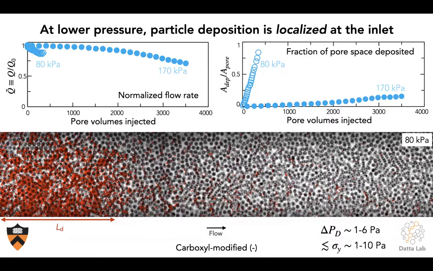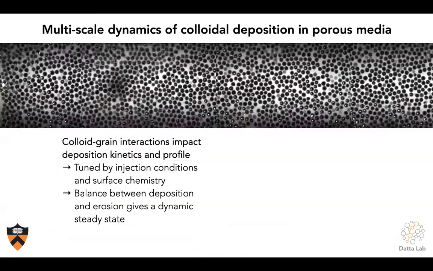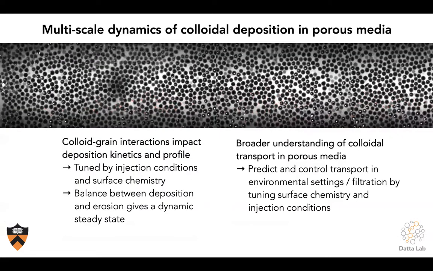So we've done a lot more work using this platform, looking at how these particles interact with immiscible fluids, looking at how this influences the permeability of the medium. But in the interest of time, I'm just going to leave it here and again highlight that just by watching this process of colloidal deposition inside these 3D porous media, we've been able to show how these simple interactions between the colloids, the grains, and the flowing fluid can impact how these particles deposit through the porous medium in really interesting and surprising ways, right?